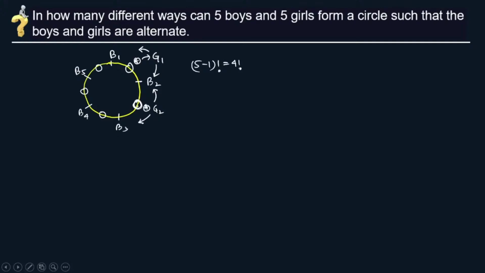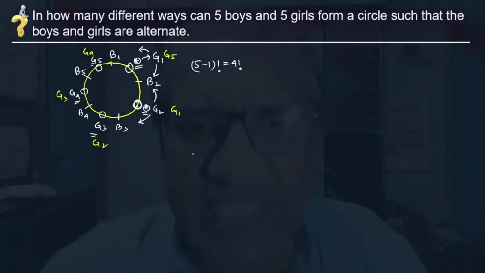Are you getting my point? Suppose here is G1, here is G2, here is G3, here is G4, and here is G5. Now let them move 1 seat. Let G1 come here, G2 here, G3 here, G4 here, and G5 here.